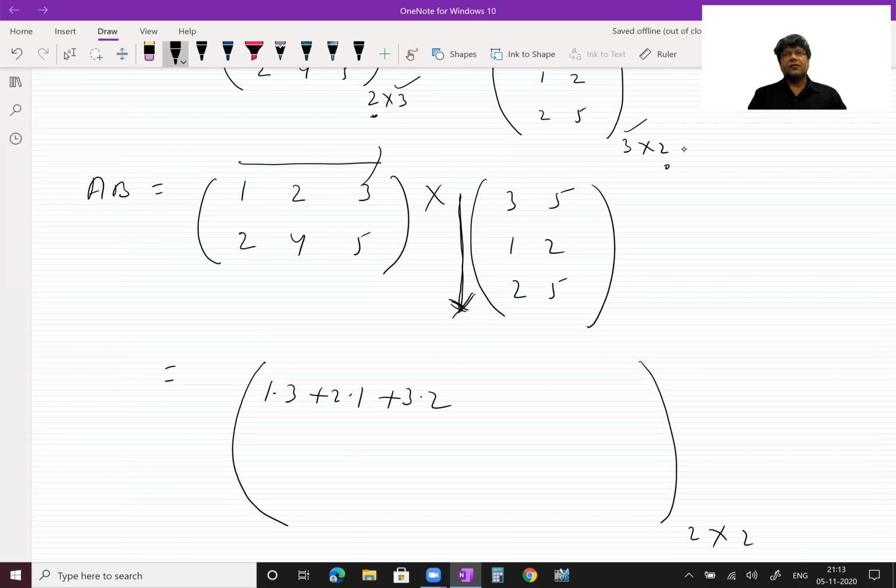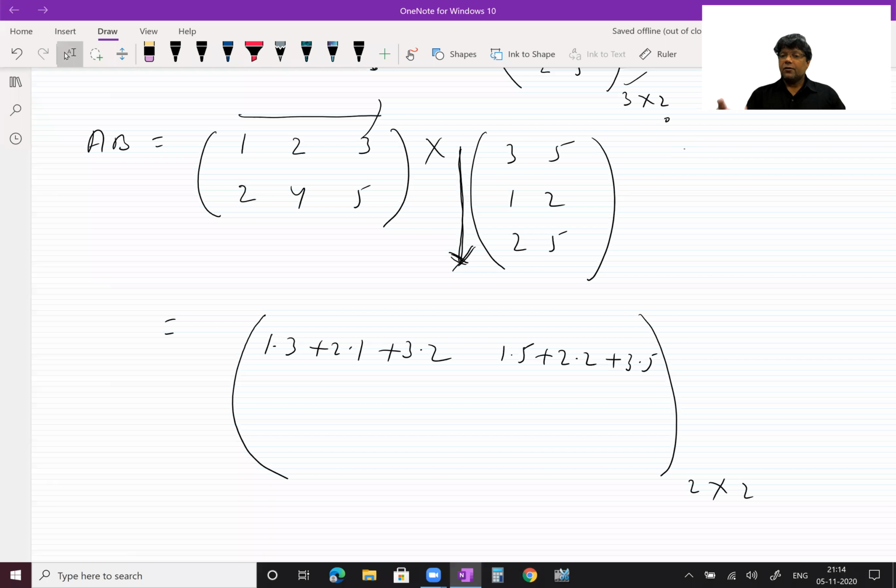And again, first row with the second column. First row of the first with the second column of the second. So 1 into 5 plus 2 into 2 plus 3 into 5. The multiplication of first row of the first matrix, first by first column of the second matrix and then by second column of the second matrix.